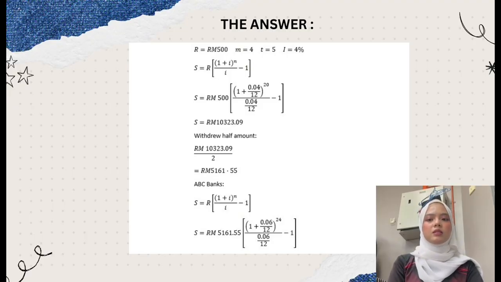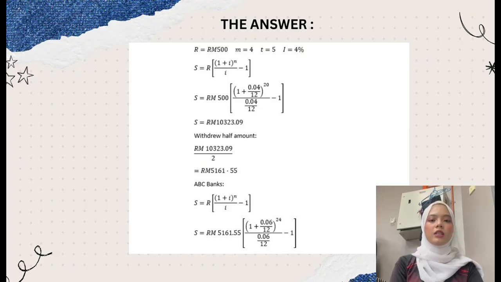After substituting all the values into the formula, we calculate the future value of the annuity. The total accumulated amount is RM10,323.09. Next, the question states that half of the amount is withdrawn, so we divide RM10,323.09 by 2.